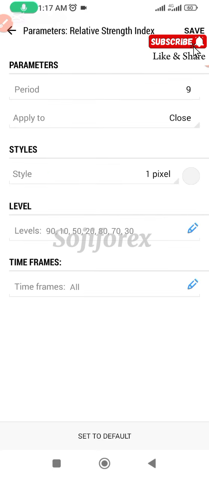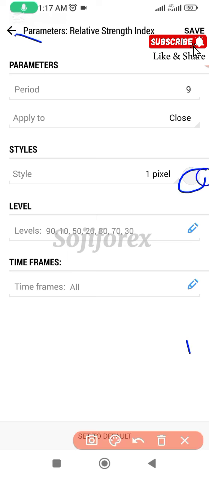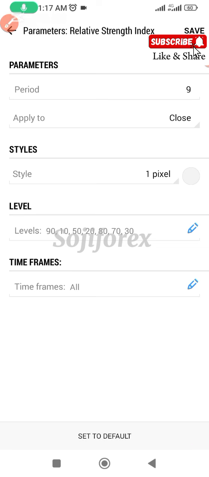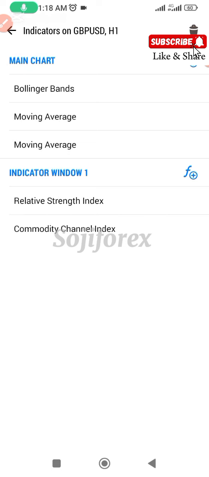We have our relative strength index, the period is 9, you apply it to close, the style is 1 pixel. Okay, so this color should be your background color. So if your background is black, kindly change it to black. That's because we don't want the relative strength index to display on our screen.